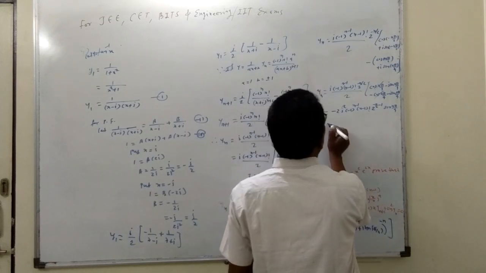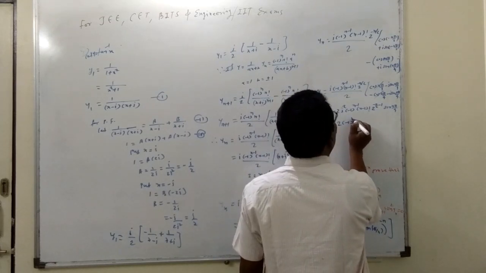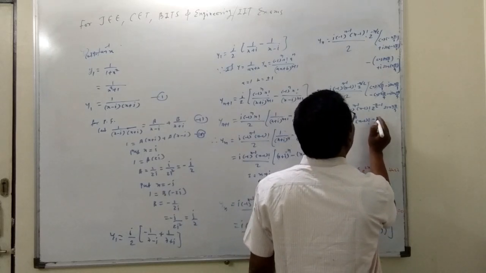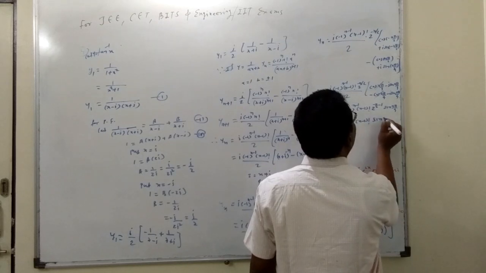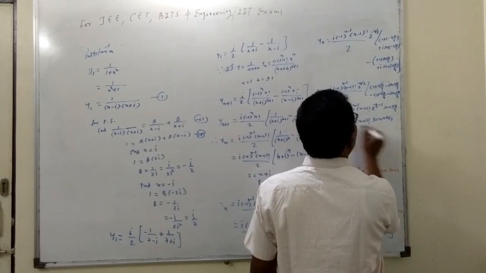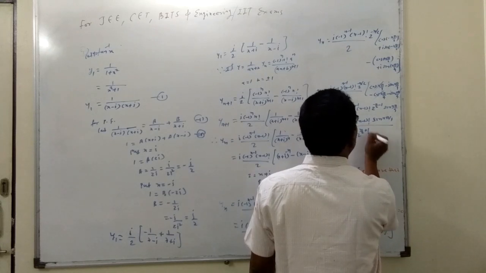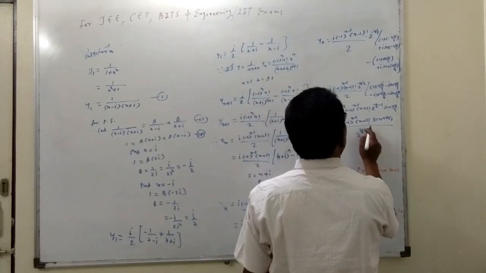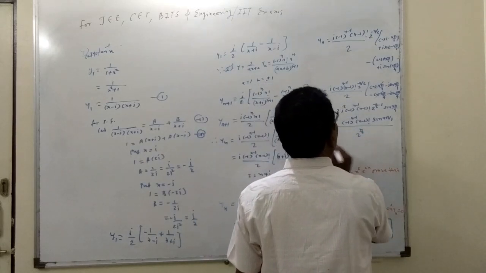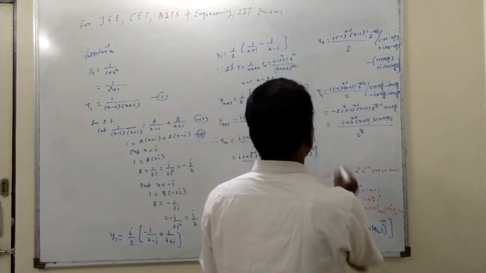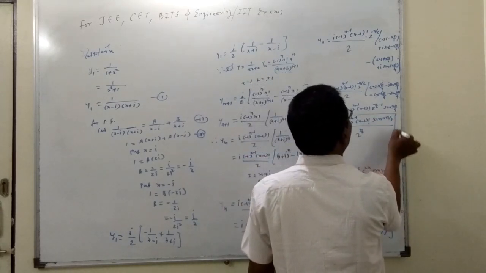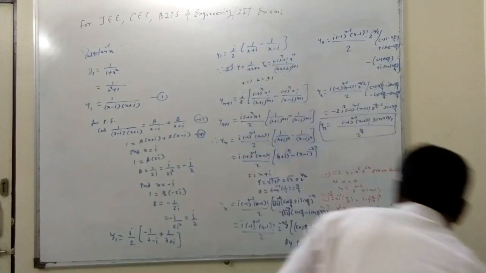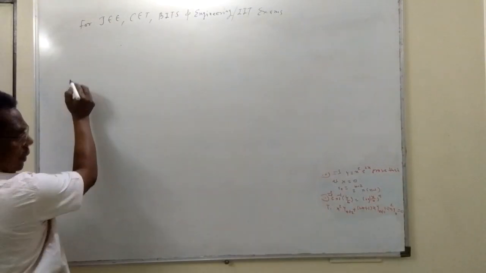I square is minus 1, so minus times minus is plus, so 2 minus 1 raised to n minus 1 factorial sin n pi by 4 divided by 2 raised to n upon 2 plus 1. This 1 and this 2 we can cancel, this 2 raised to n by 2. So this is the nth derivative of tan inverse x. 10th example.